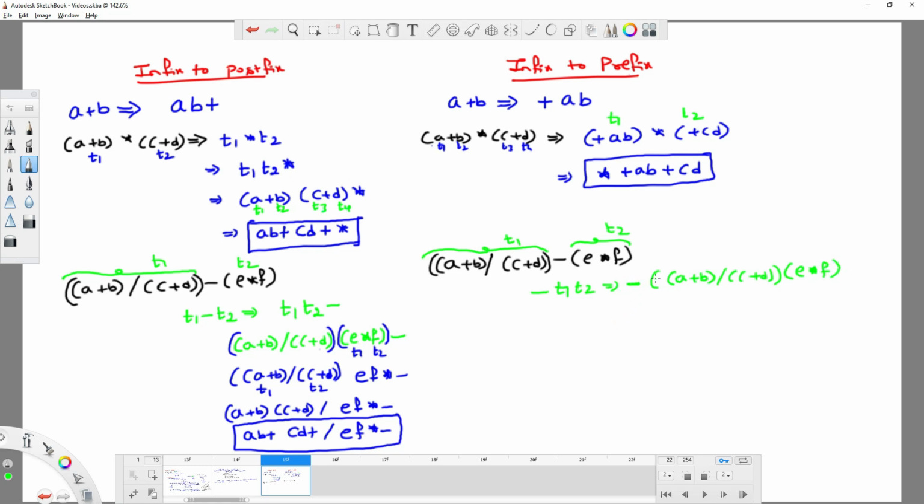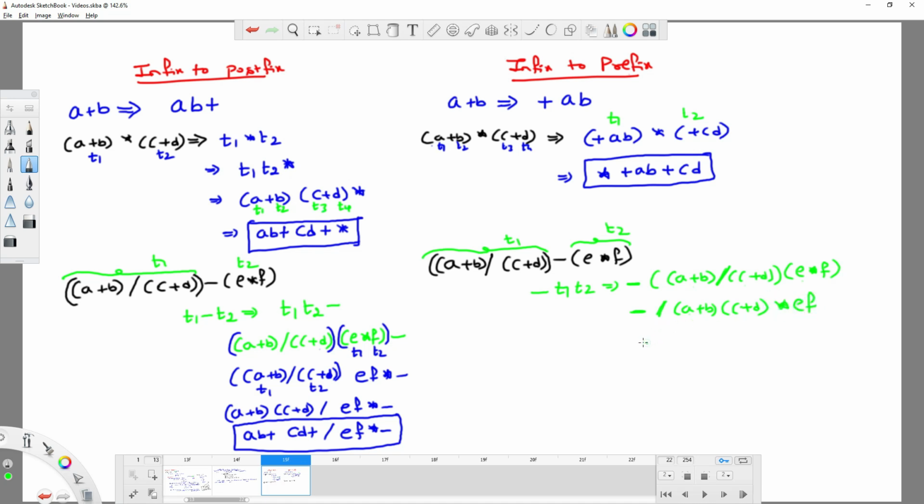Okay, fine. Now you have to simplify it one more time. Let me write it directly. Division T1 T2. Then if I write e star f as T1 and T2, you get star e f.